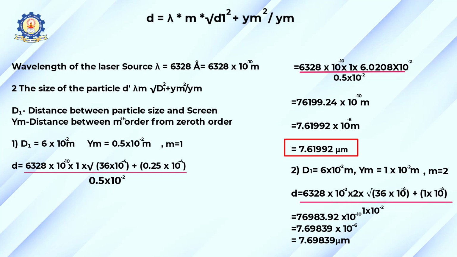So the answer will be 7.61992 micrometer. Then similarly the second reading, that is second order, the distance between the 0th order and the second order.